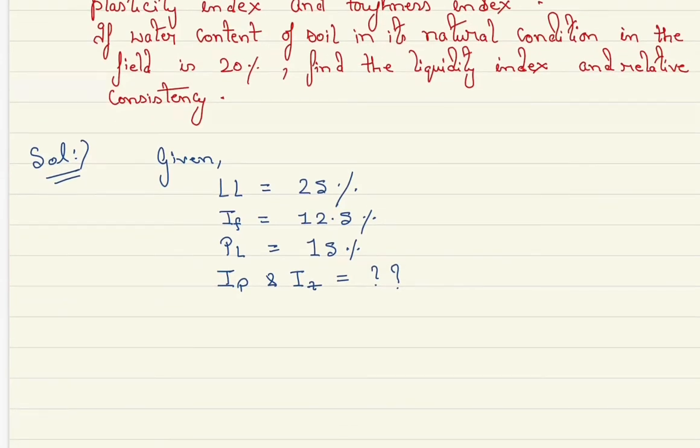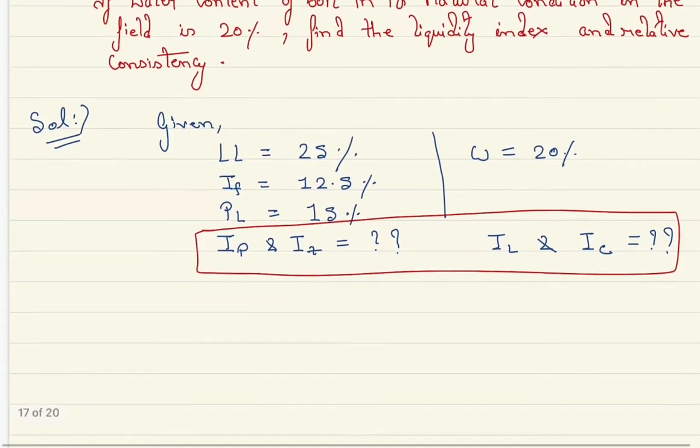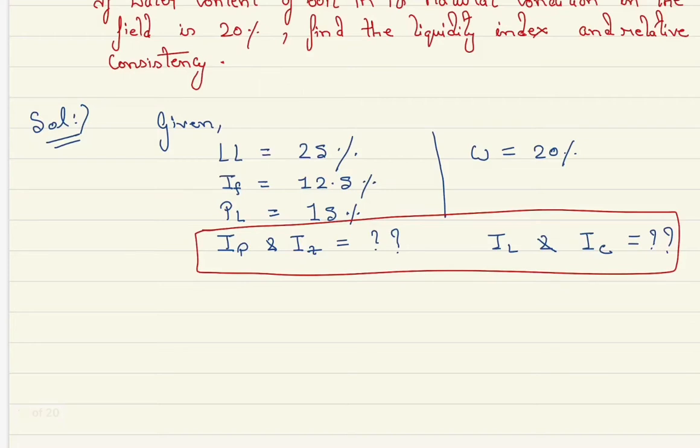Also, the water content has been given as 20% when the soil is in its natural condition. Also we have to find liquidity index and relative consistency, that means consistency index. So there are altogether 4 items that we need to find. Let us see how we can proceed.